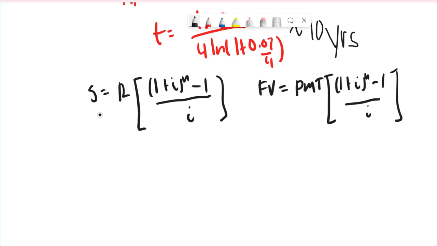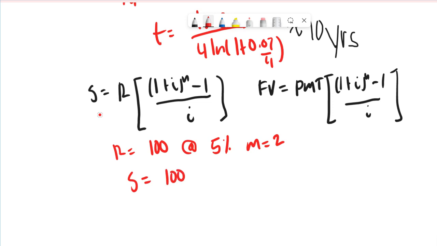So you know, if I wanted to do an easy example, for example, where I said that I want to deposit $100 at an interest rate of 5%, and let's say that it was compounded semi-annually, then in that case I can find the sum of the series by just taking 100 multiplied by 1 plus i.